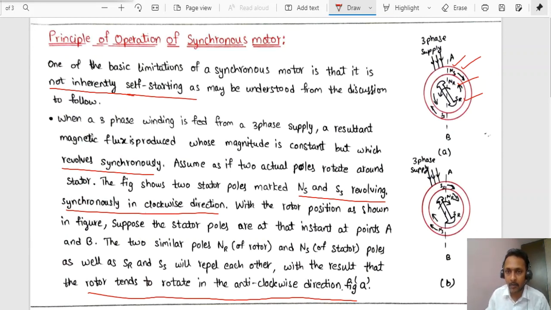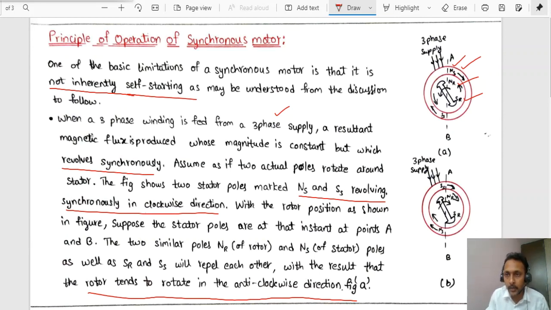Because of that, some resultant magnetic flux will be produced. The magnitude of the flux will be constant, but the flux will be rotating at synchronous speed.